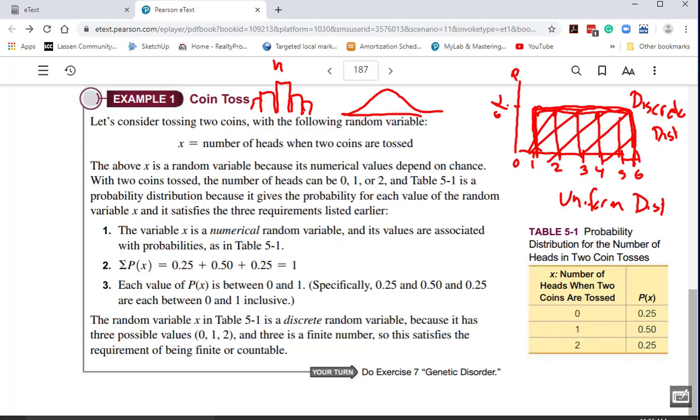Right. Okay, so the probability distribution of the number of heads in 2 coin tosses. Now, you would expect that this thing would be a 50% chance of getting heads or tails, right? But you're only tossing either this or this, so the number of heads when 2 coins are tossed: no heads, 1 head, 2 heads.